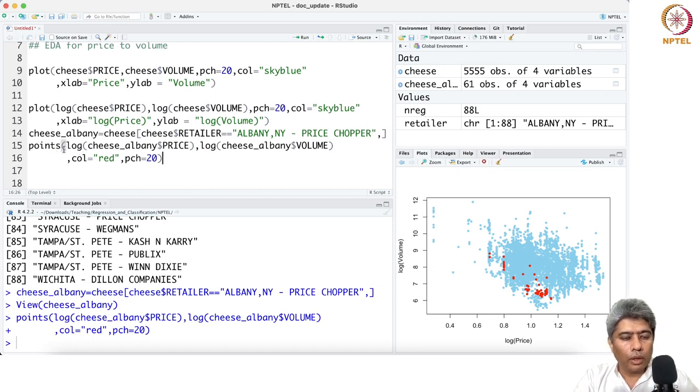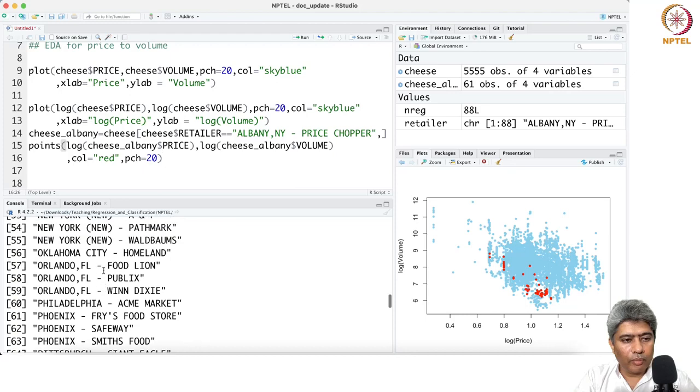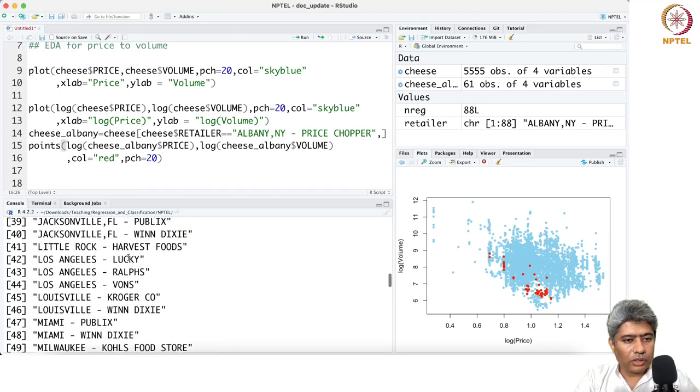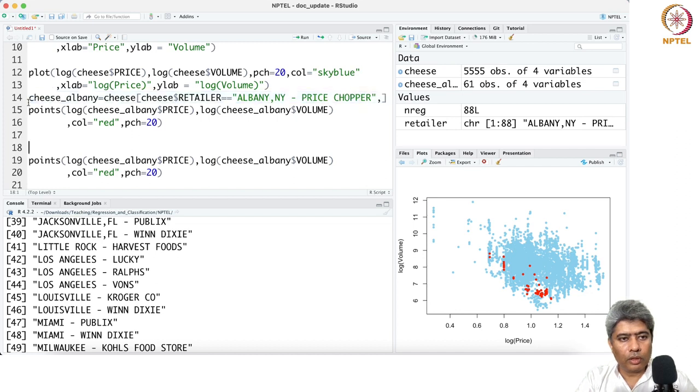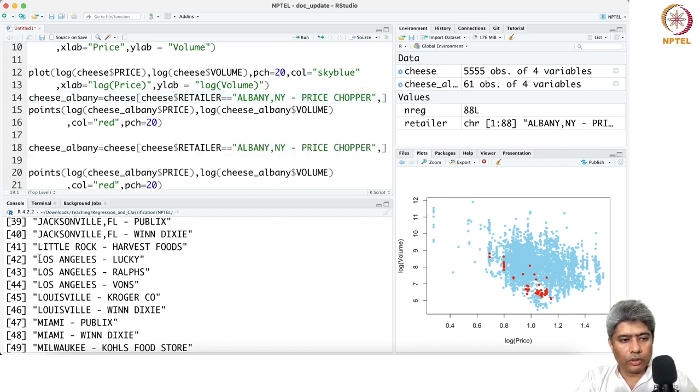Now I'm going to compare it with Los Angeles Lucky. Same thing. Cheese LA.